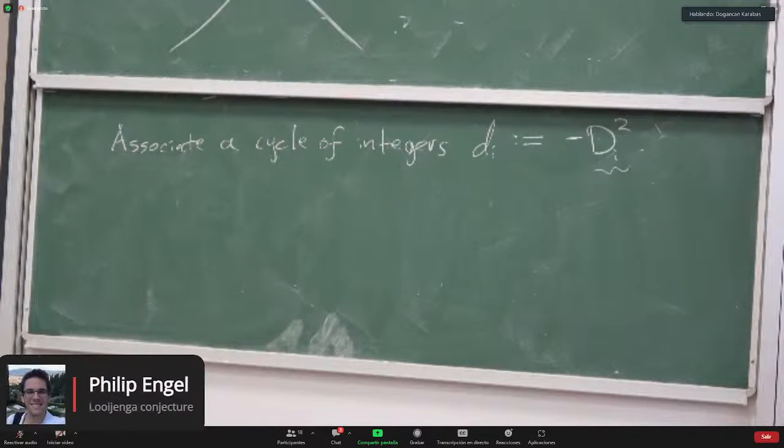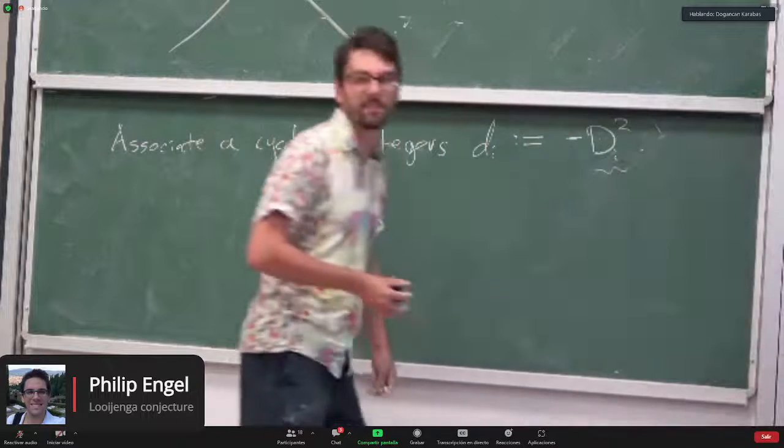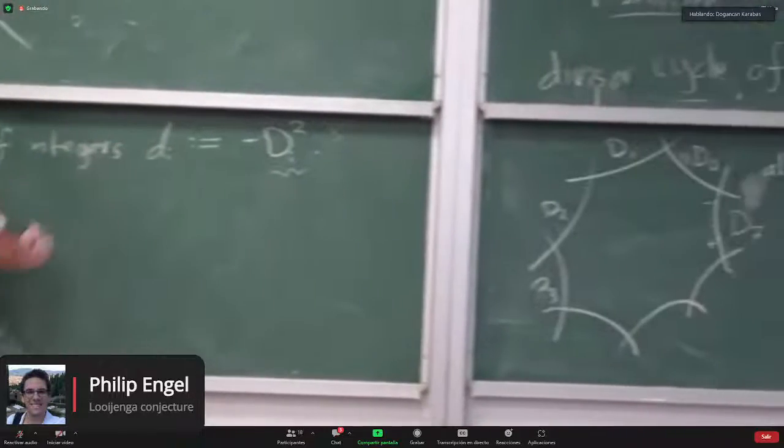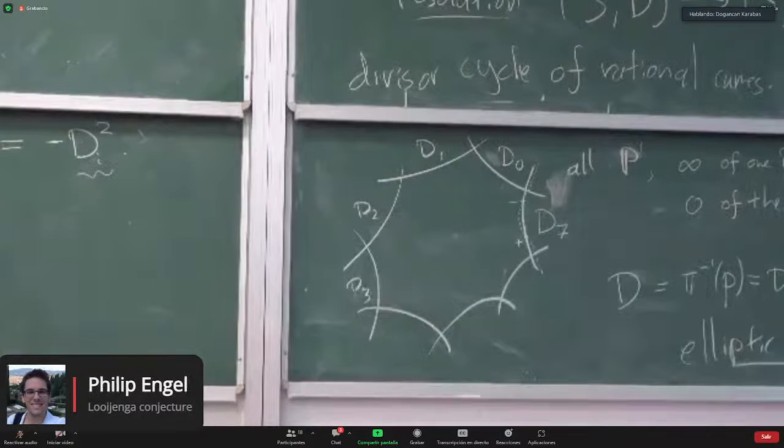And it's a fact from topology that these intersection numbers come with a natural sign associated to them, either a +1 or a -1. And I essentially just count up the number of pluses minus the number of minuses, and that is this number Di squared. But then I took the negative of it, and we'll see why in a second.